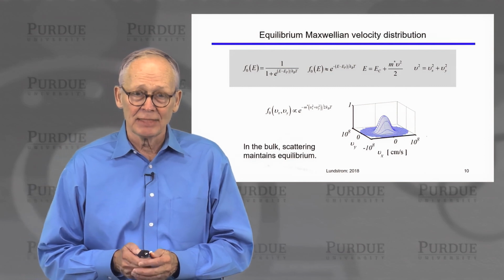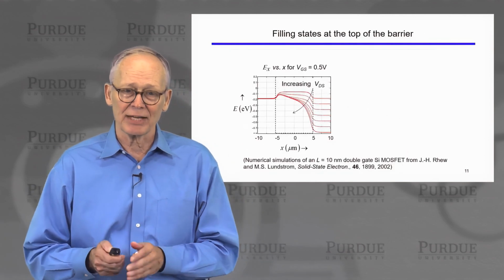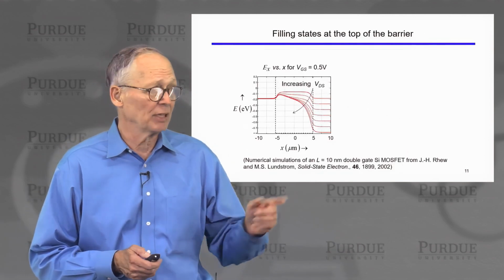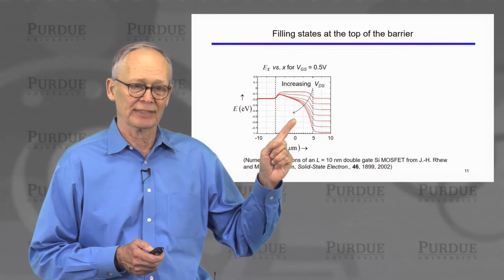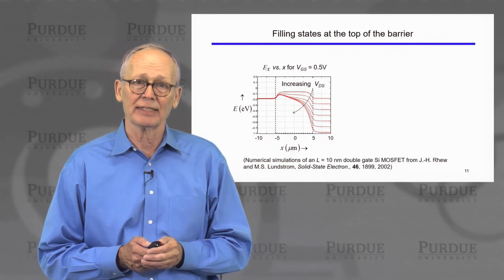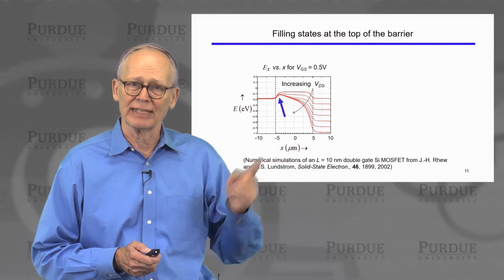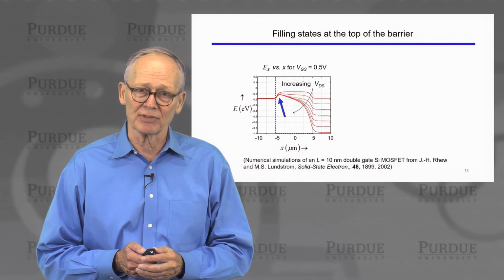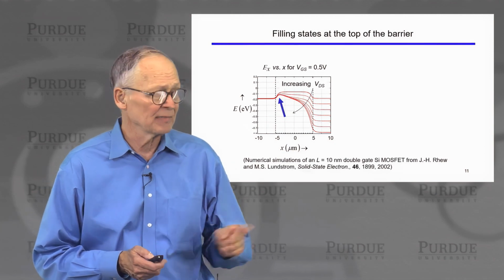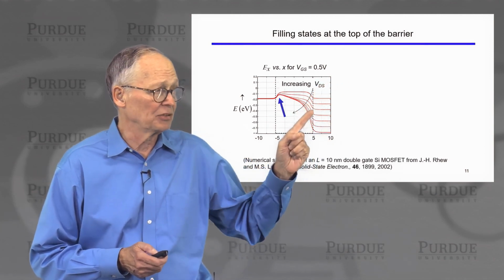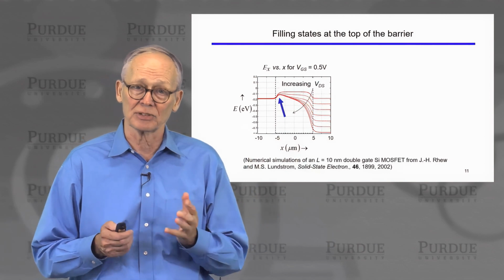Okay. So it's all about scattering in the bulk, but we're going to look at a nano MOSFET, a ballistic MOSFET, in which there is no scattering in the channel. We're going to look at the top of the barrier and ask, what is the distribution of velocities at the top of the barrier as we increase the drain to source voltage from 0 to some large value?